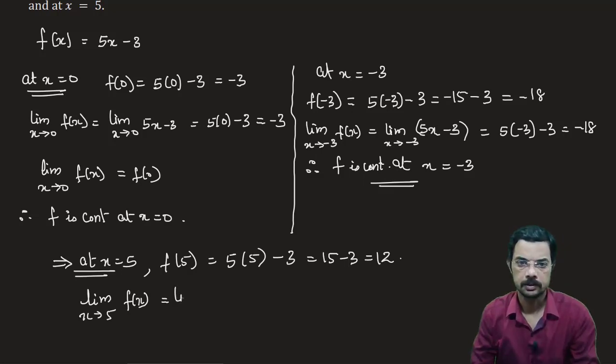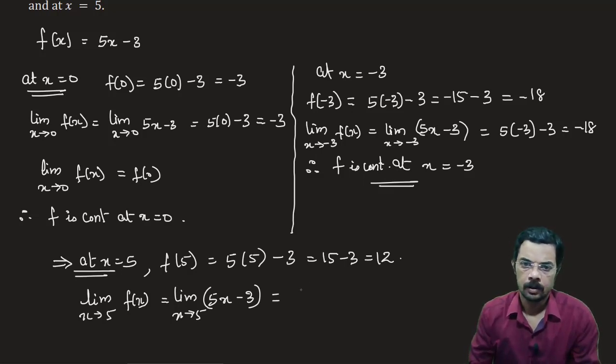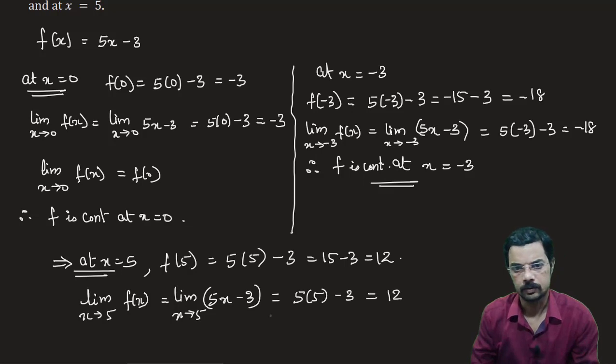That is limit x tends to 5, f of x will be replaced by the function 5x minus 3. It is the same process, and that equals 5 into 5 minus 3, and that is again equal to 12. So therefore f is continuous at x equal to 5.